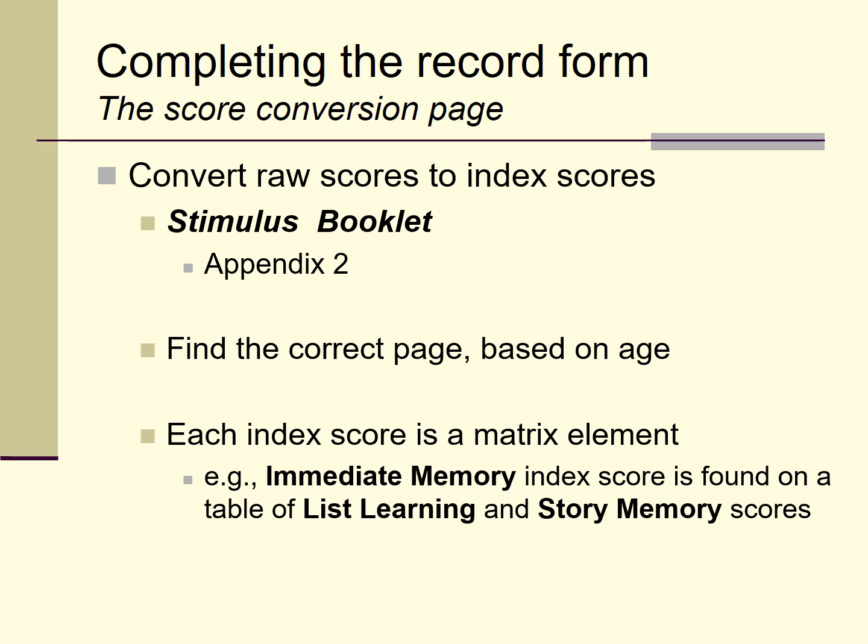So for instance, the immediate memory index score is found on a table which is a matrix for the list learning and the story memory subtest. You sort of look up your client's individual performance on each of those tests and find where they intersect, and that's the index score for your client for the immediate memory index.